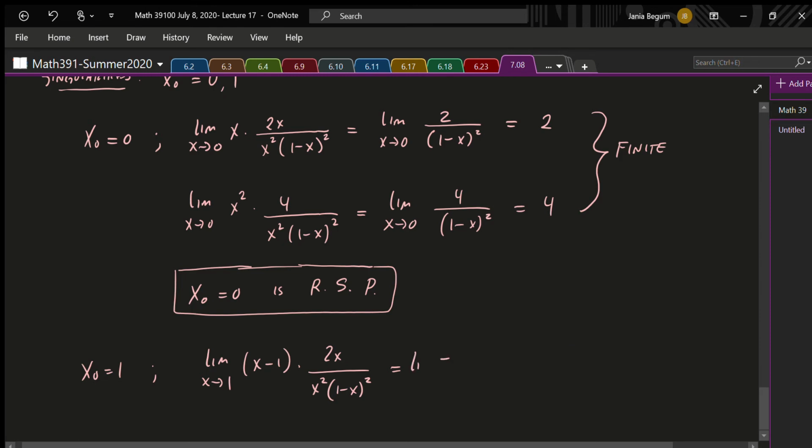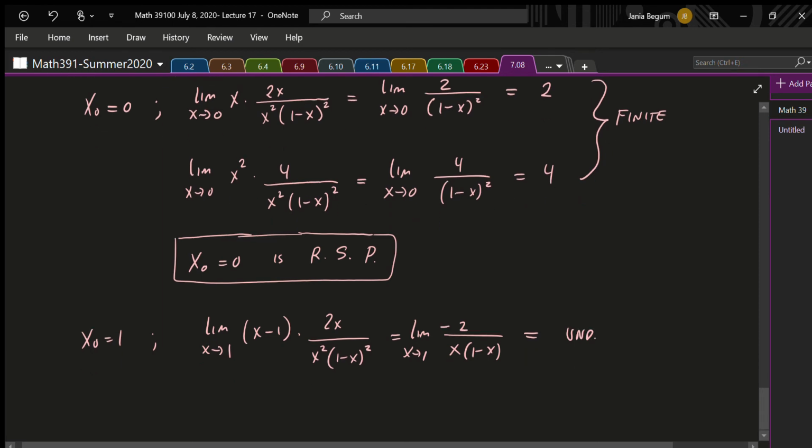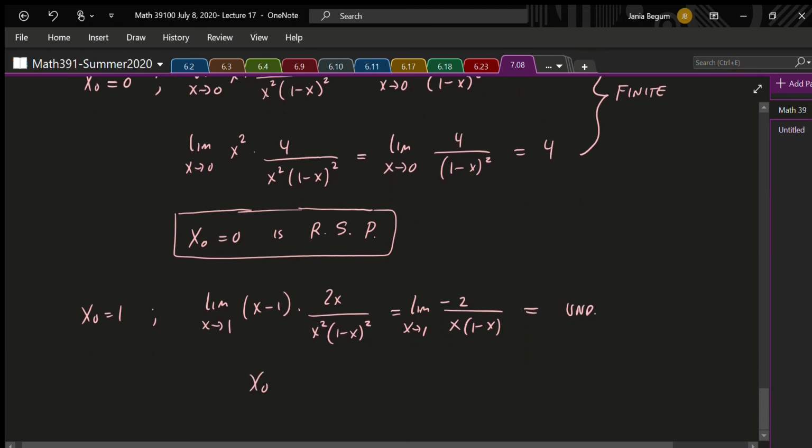So we have the limit as x approaches 1 of negative 2 over x times (1 minus x). And what is this limit? Undefined, or DNE. So again, this would be irregular. So x naught equal to 1 is irregular.